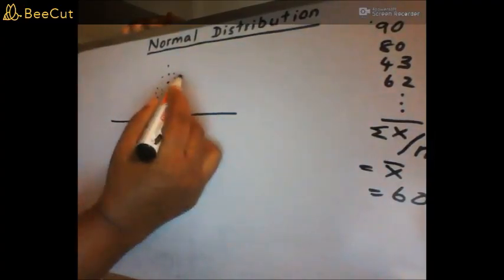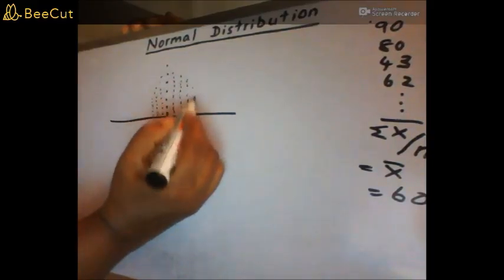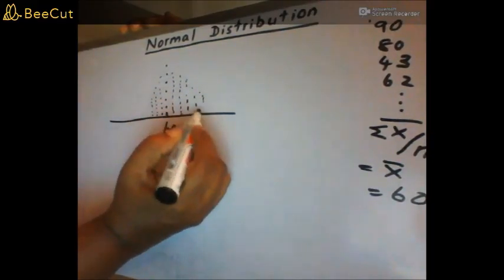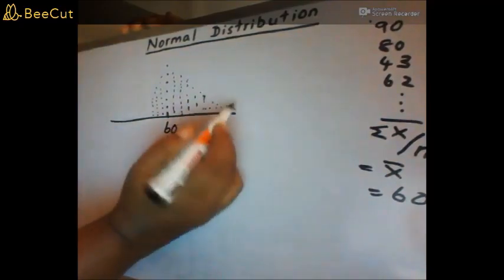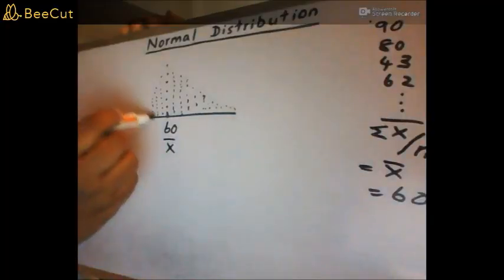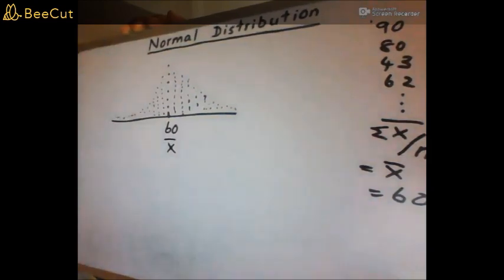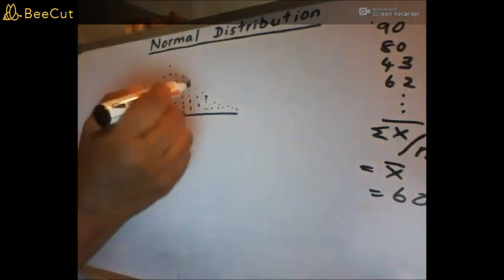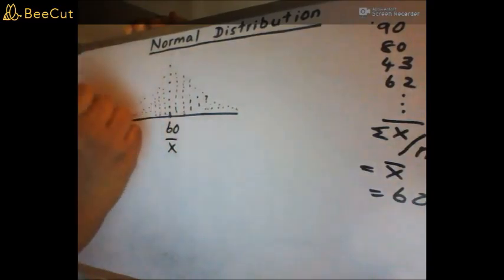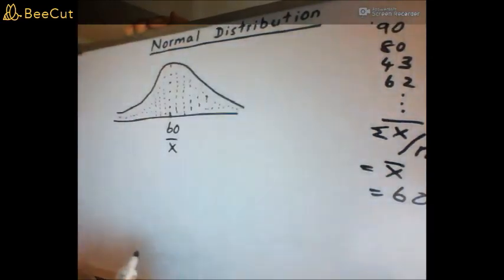Some students, these are students, 62, 63, 64, like this. Then 60s, 70s, 80s, 90. Here also 50s, 40s, 30s, 20s, and 4 or 3, something like that. When we study the distribution, we'll be able to see the shape will take like this.